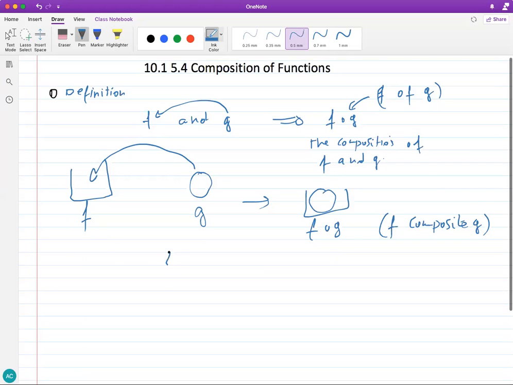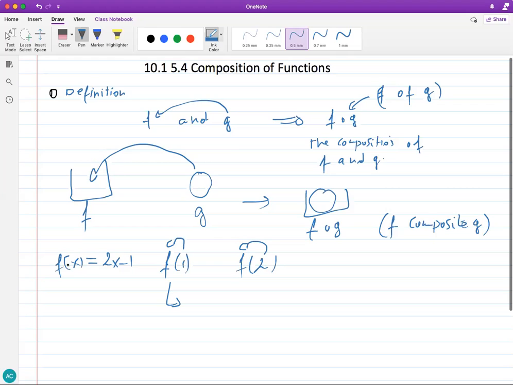So far we've done, for example, f of 1, we've done f of 2. That's when we plug a number into a function and find some value. For example, if f of x was 2x minus 1, what is f of 1 of this function?